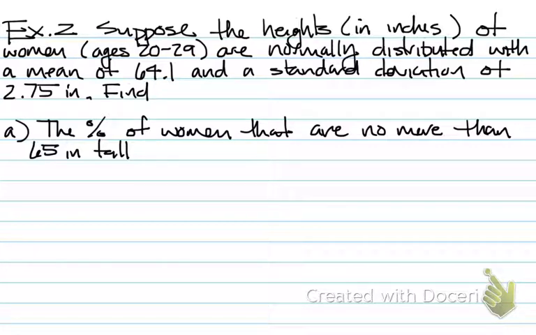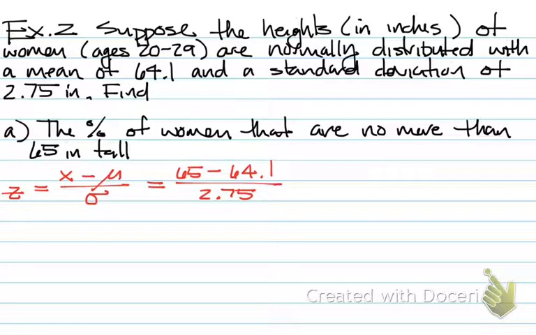For this next example, suppose the heights in inches of women between 20 and 29 are normally distributed with a mean of 64.1 and a standard deviation of 2.75 inches. We want to find the percent of women that are no more than 65 inches tall. That means at most 65 inches or less. So we can convert this to a z-score if we did not have access to technology, like the Desmos calculator or TI-83 calculator. We would convert that value, 65 inches, to a z-score by subtracting the mean and then dividing by the standard deviation.